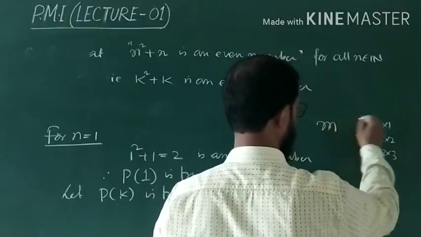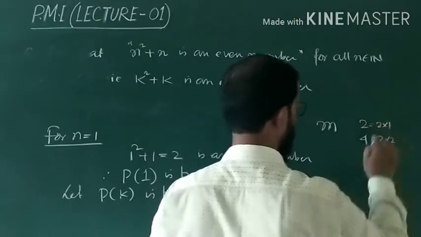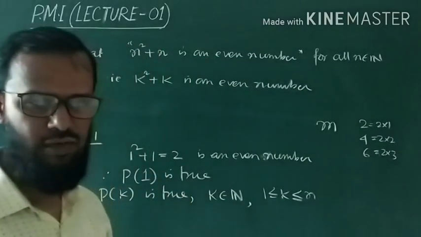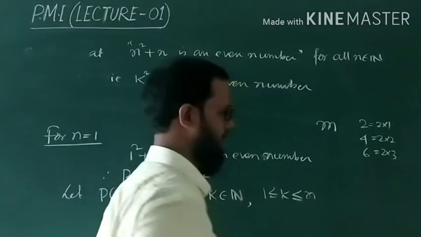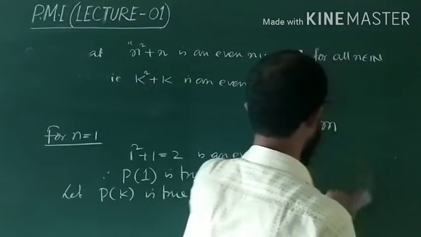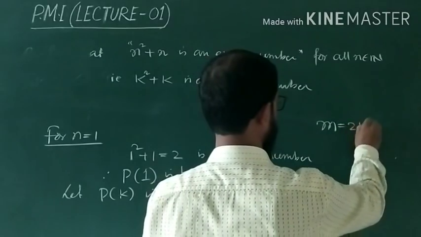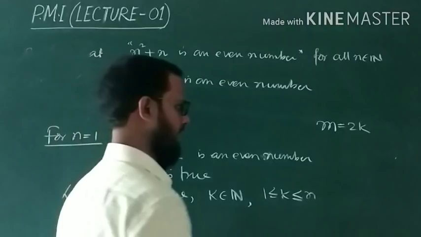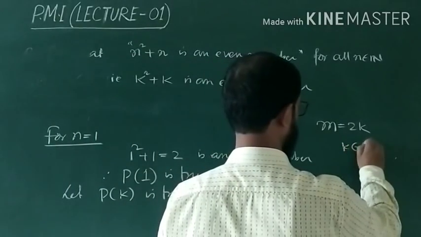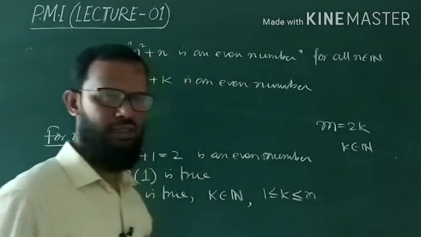So m is a multiple of 2, 2 into something, where that something is again a natural number. So m is even means we can write m is equal to 2 into k, where k is again a natural number.